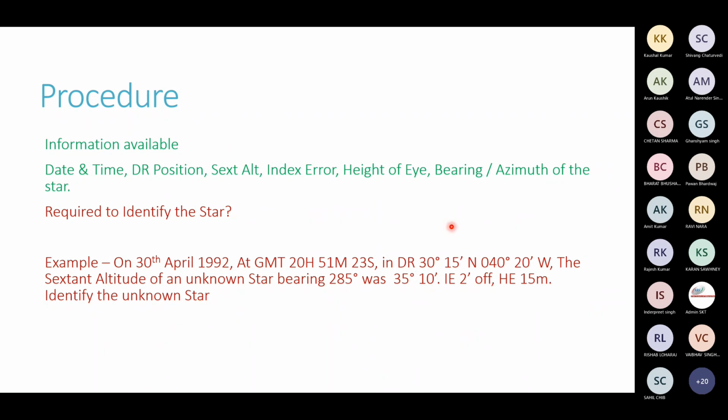Just to correlate, the sextant altitude, the index error of the instrument, and the height of eye are all given. The bearing or azimuth of the star is also provided, and we are required to identify the unknown star. So let's pick up this question and solve it using the rational horizon diagram.